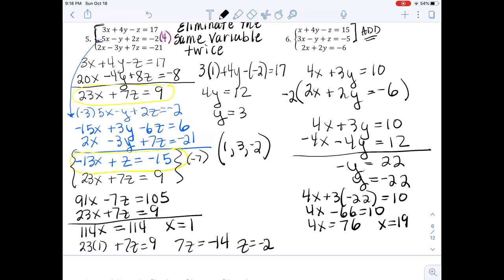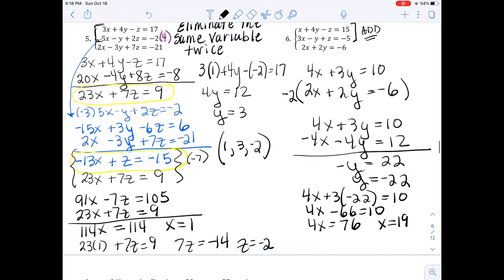Okay, so the very last thing we need to determine is what is z. So we're going all the way back up to that first equation now. I'm just going to go to the first. 19 plus 4 times negative 22 minus z equals 15.